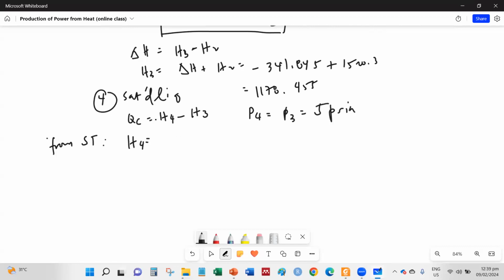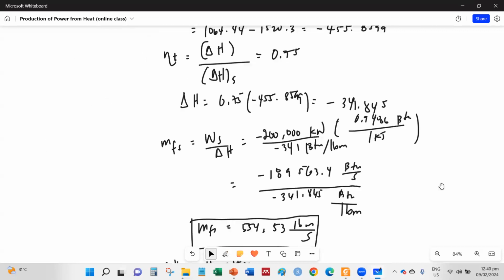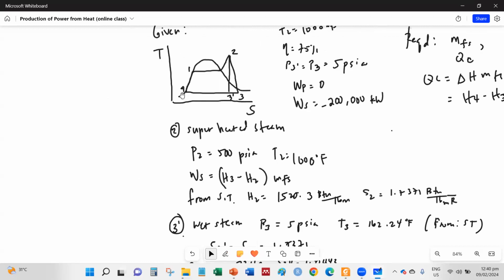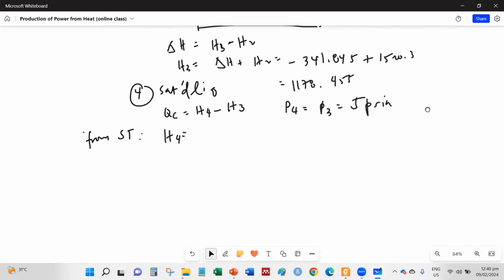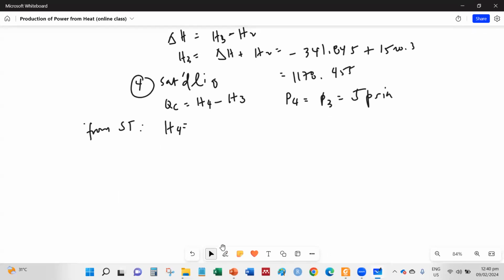From the steam table, we can immediately read H4. Okay. Why? Hindi na kailangan ng quality kasi nandun na siya sa saturated liquid line. Okay, so it's purely saturated liquid.